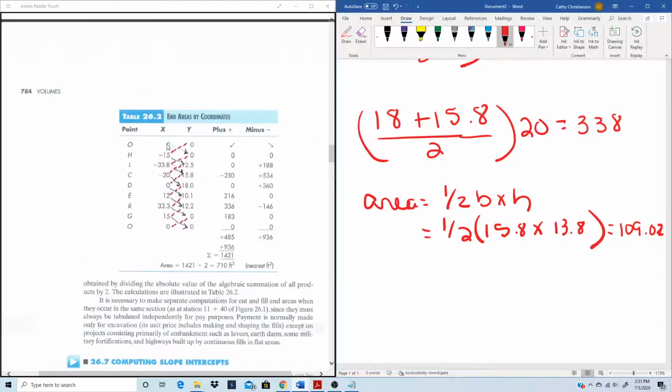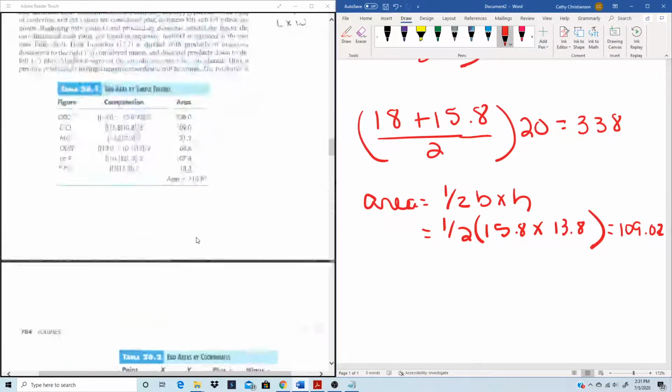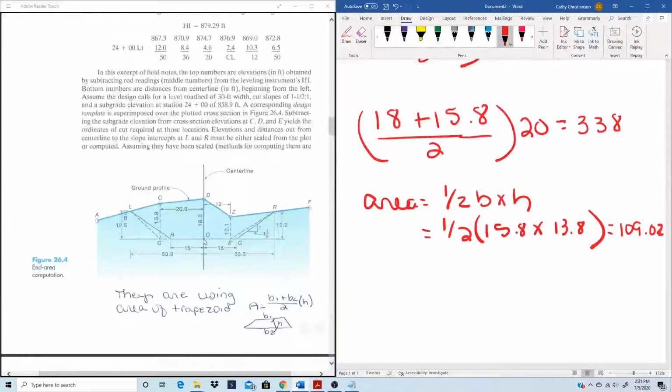So for the coordinates, the O was 0 and 0. And then the X and Y for H was a negative 15 and 0. Because remember, you're going to go to the left, so it's negative 15. In other words, this is still on the X axis, so it's still 0, but your distance is a negative 15.